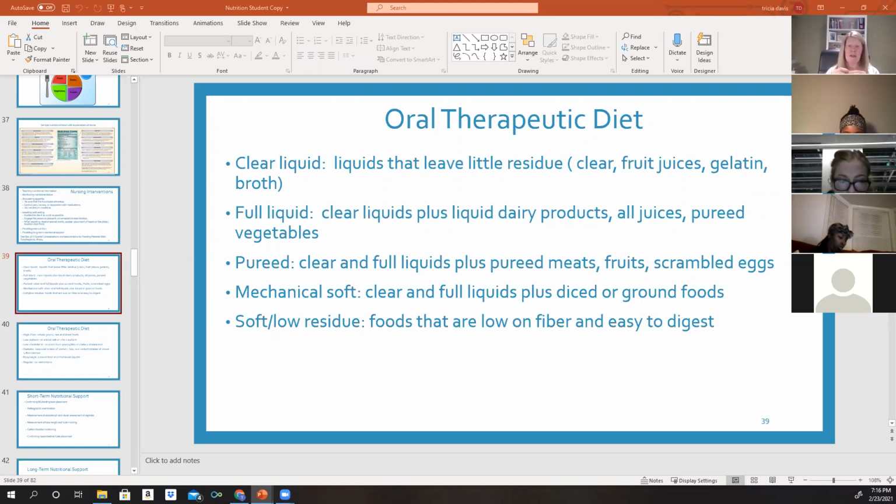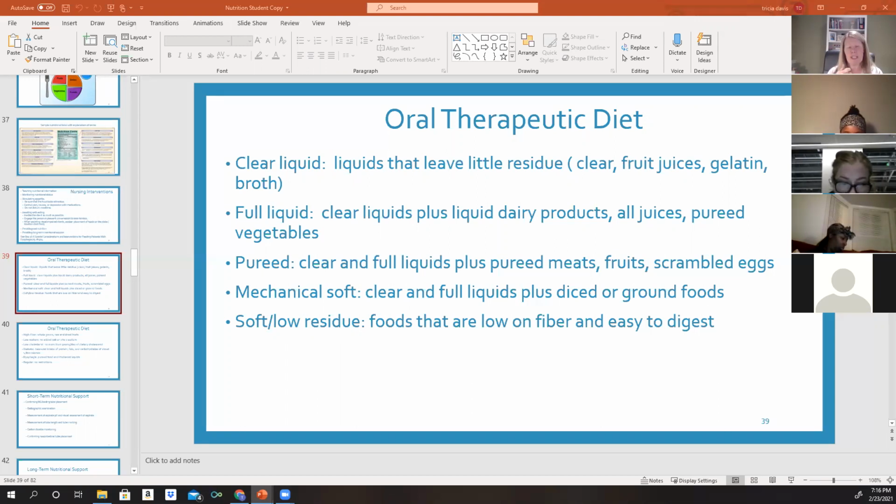They look terrible. You'll see these in patients that have swallowing difficulties. So if they've had a stroke, if they're on aspiration precautions, or if they've had any kind of oral surgery, any kind of facial surgery, or any kind of chewing issues.